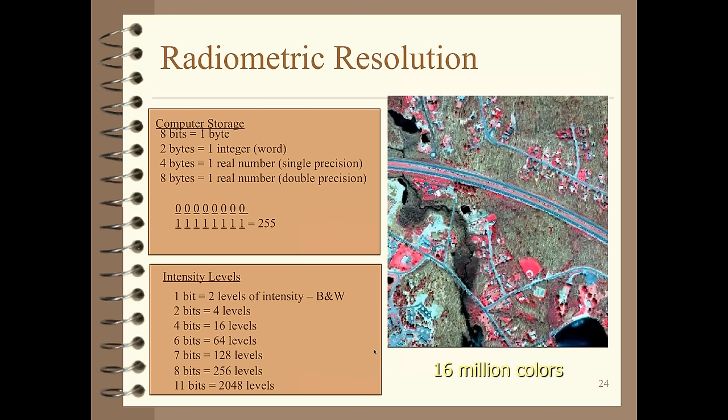Here's an example of what I just said about computer storage: 8 bits equals a byte, 2 bytes equals what we call an integer or a word, and then 4 bytes and so on. I'm also showing you some binary information there. Depending on how old you are and when you went to school, you may have learned about base 2 or base 8, which is octal, or base 16, which is called hexadecimal.